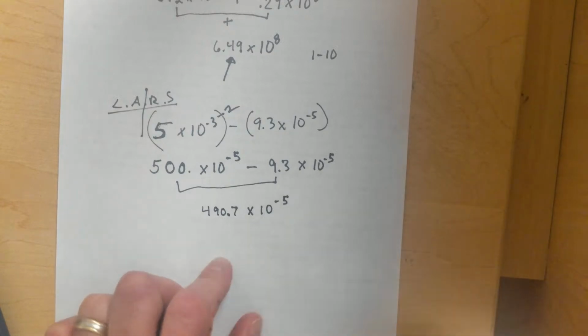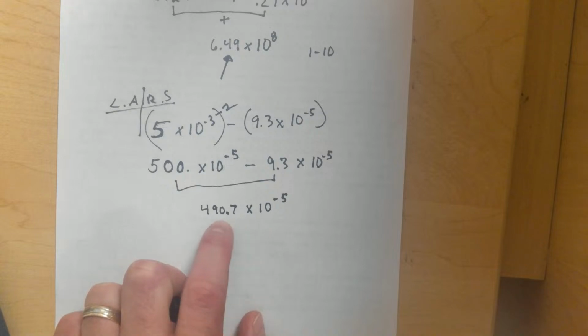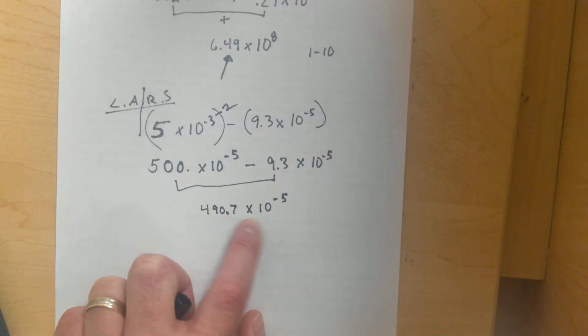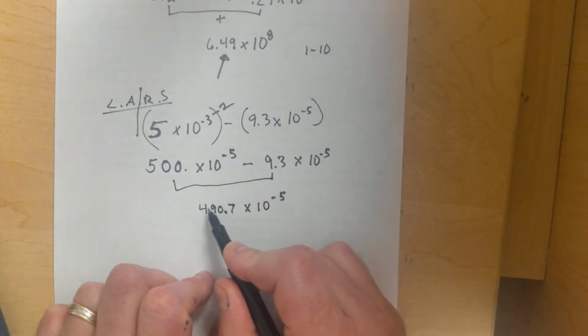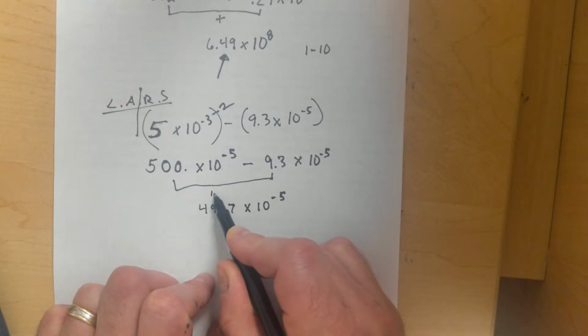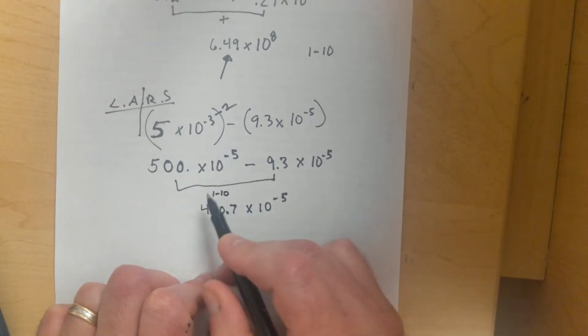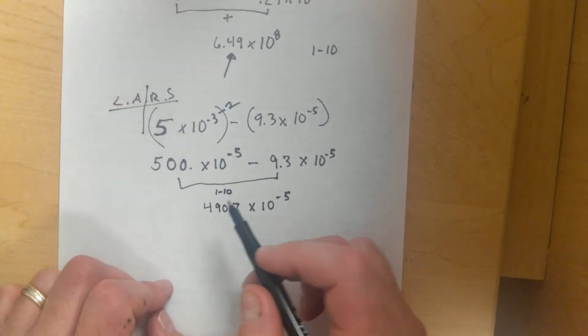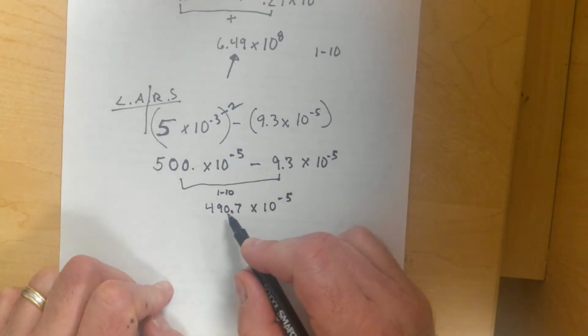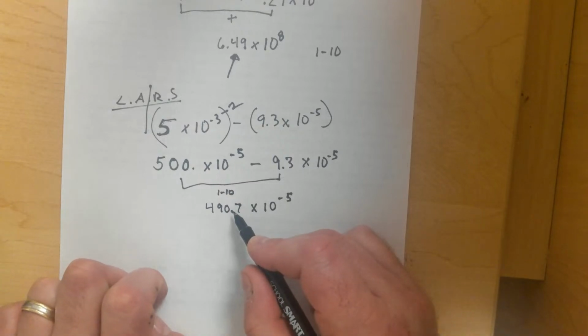Now, before we decide this is our final answer, we want to see, does this follow my rules for scientific notation? Does 490 fall between 1 and 10? Clearly it does not. We are in the family of 490, so we've got to do some work here. Luckily for us, there's a decimal.